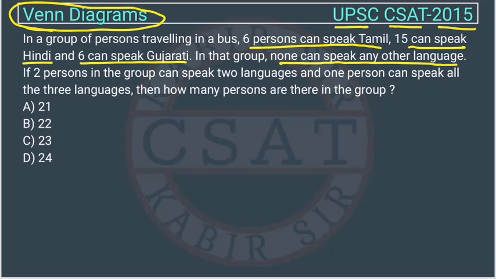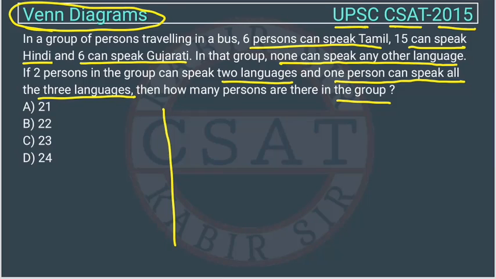Means all are speaking some language, right? If 2 person in that group can speak 2 language and 1 person can speak all the 3 language, then how many persons are there in the group?